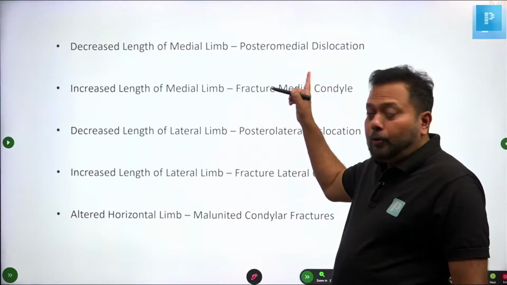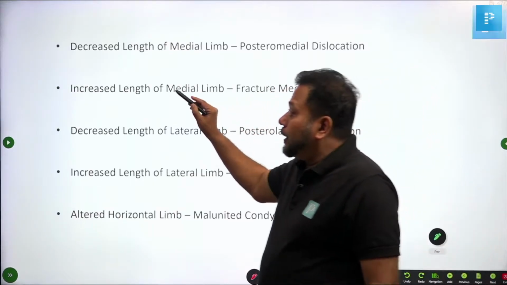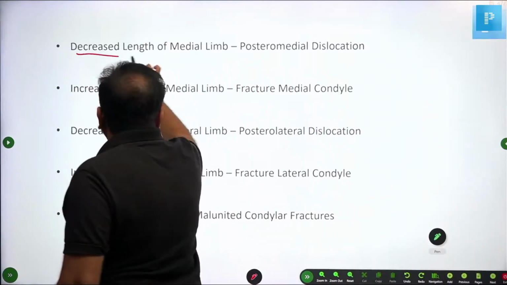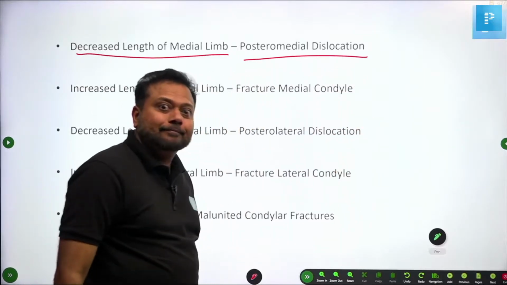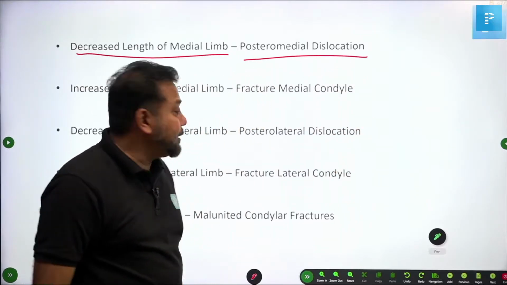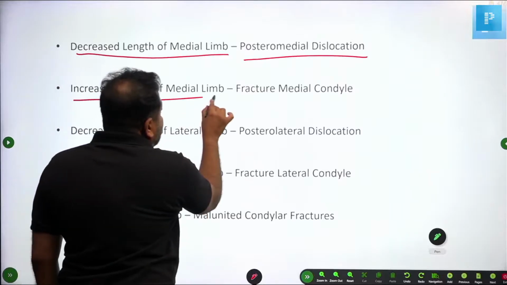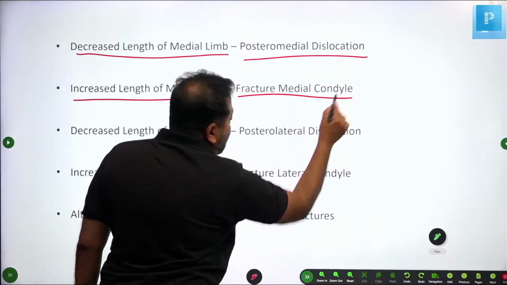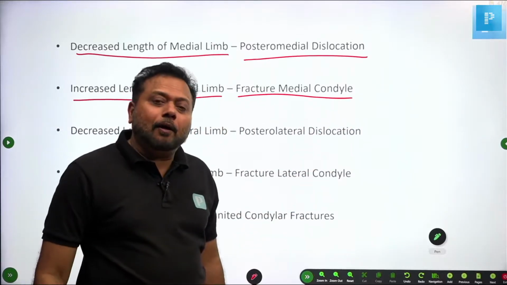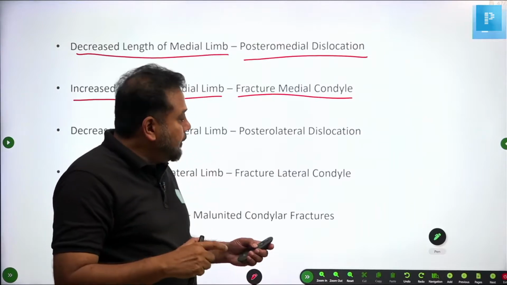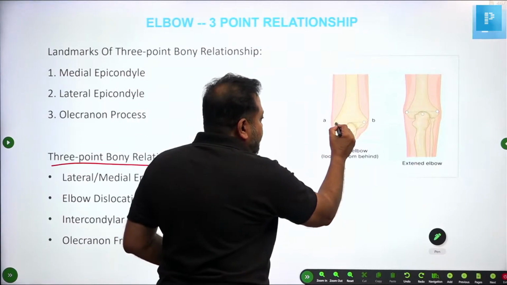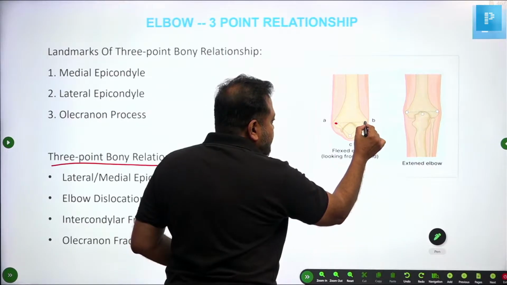This is what I am going to explain. The cause for decreased length of the medial limb is posteromedial elbow dislocation. Increased length of the medial limb is fracture of the medial condyle. Fracture of the medial condyle, what will happen? Callus will be formed. So this is your medial limb, this is the medial epicondyle, this is the lateral epicondyle.